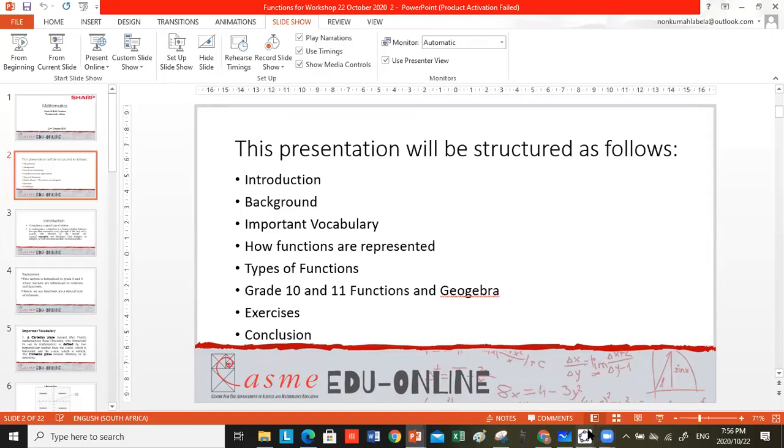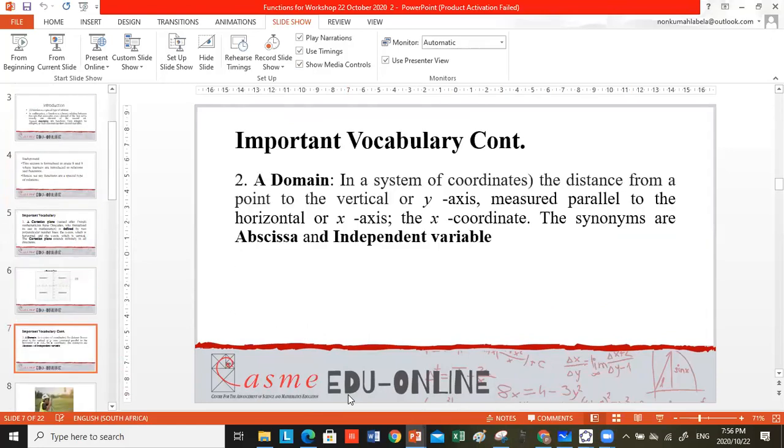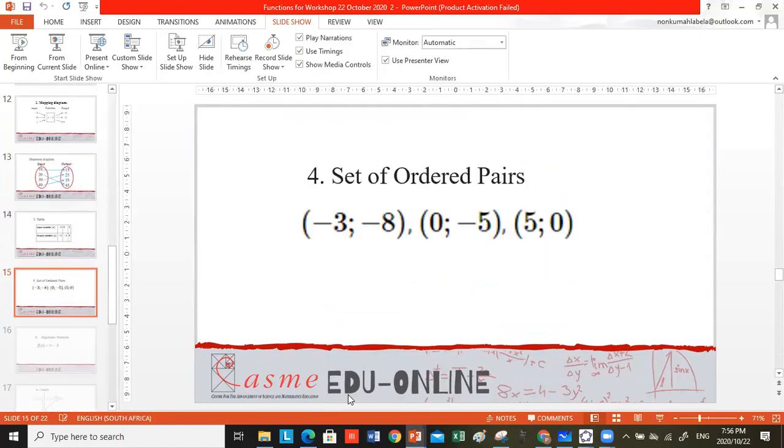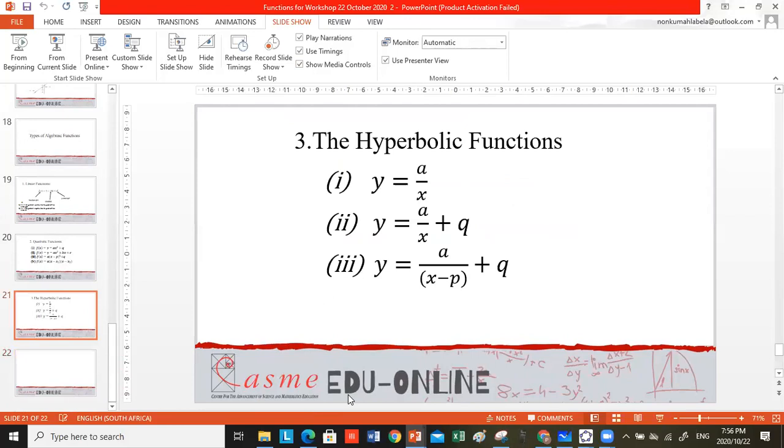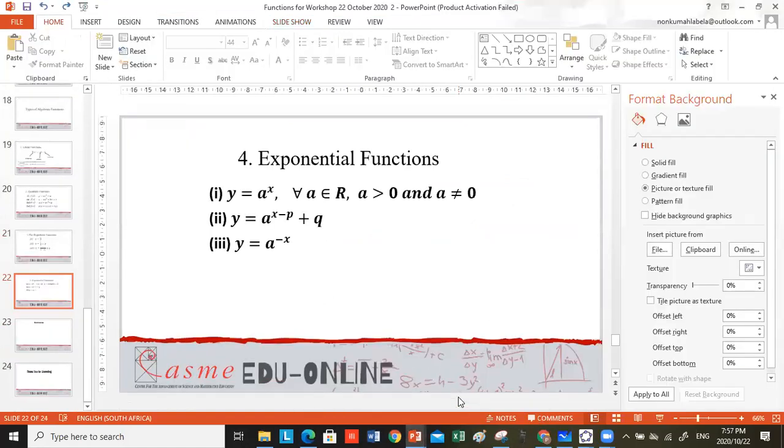Great. Let me just check here if I do have it. I know it was not here. Maybe I put it on another. Okay, it should be here. Oh yes, it should be here.